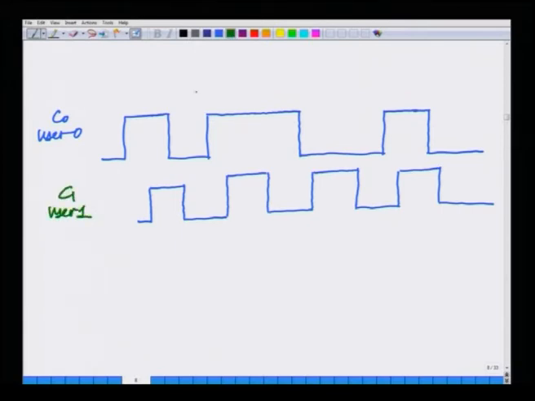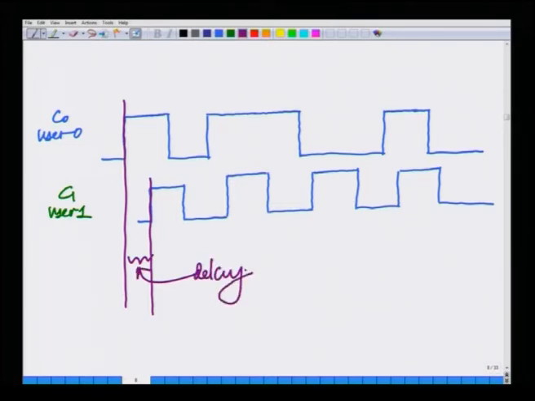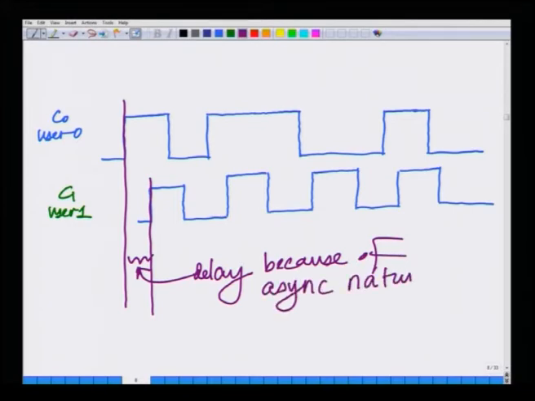Previously they were exactly synchronized, now look at this, there is a slight delay between these code sequences arising because of the asynchronous nature. Now, when I correlate this sequence, let us say I am looking at the correlation of C0, C1.